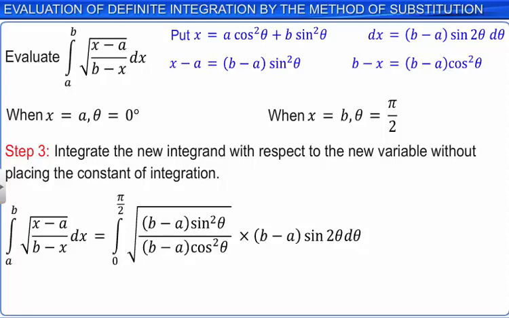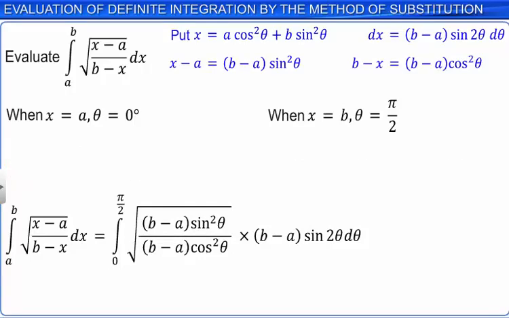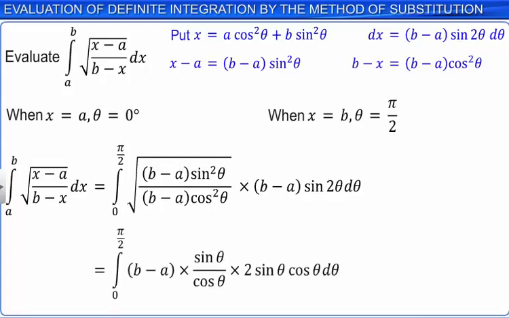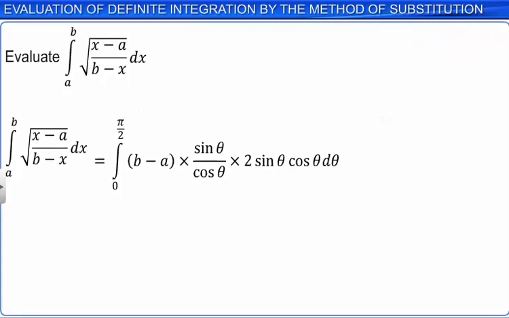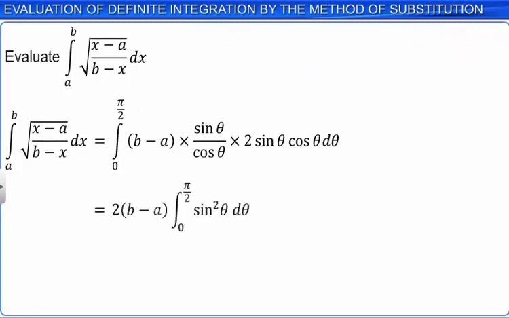On simplifying, we get 2 times (b minus a) times the integral of sine square theta d theta from 0 to pi by 2. We know that sine square theta is equal to (1 minus cos 2 theta) divided by 2. So the integral becomes as shown.